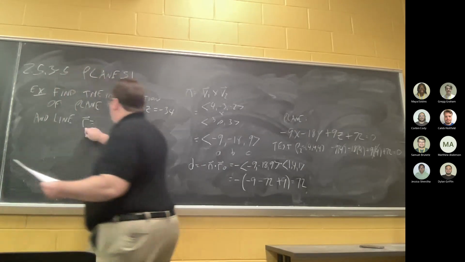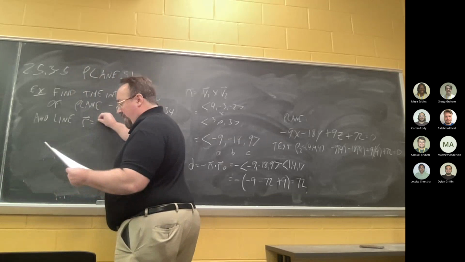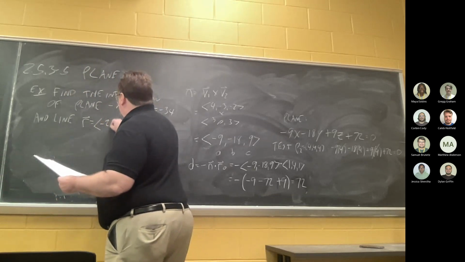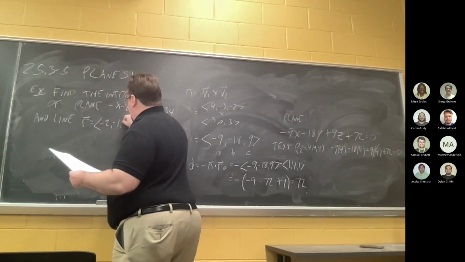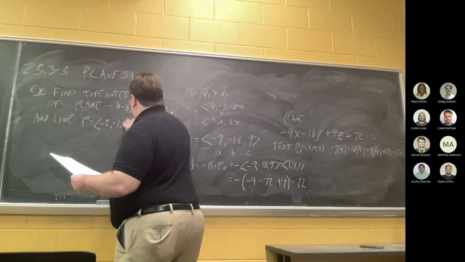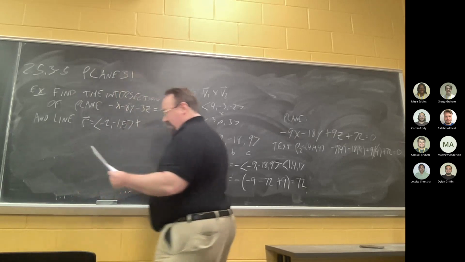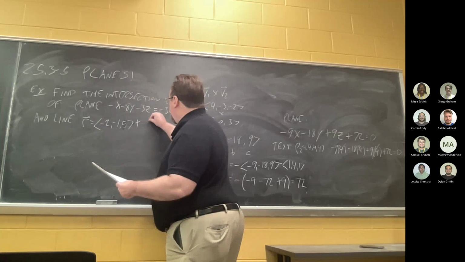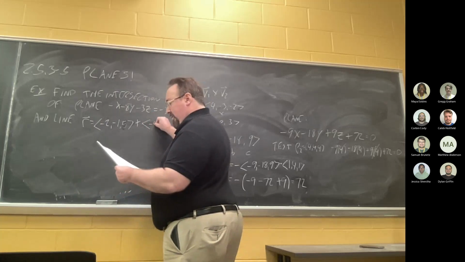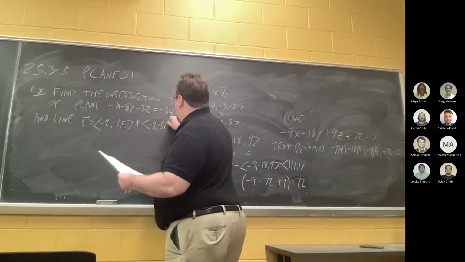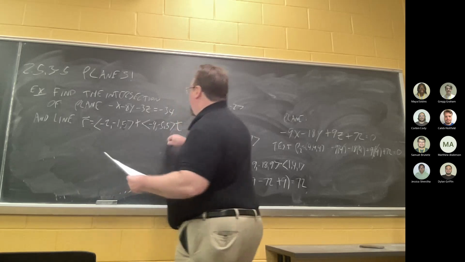So vector r, which is a generic point on the line, is equal to this point on the line, plus this direction vector, minus 4, minus 5, 5, times the parameter t.